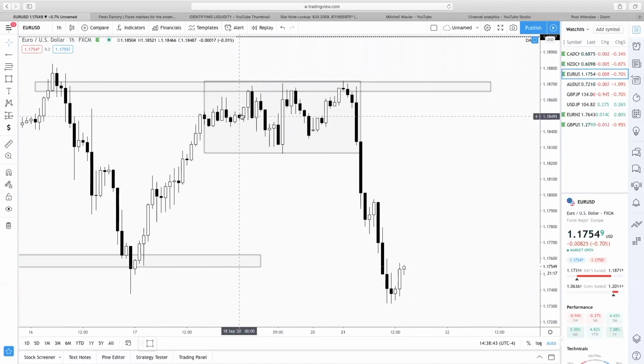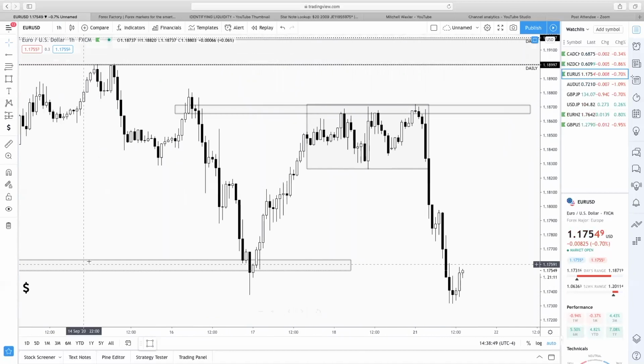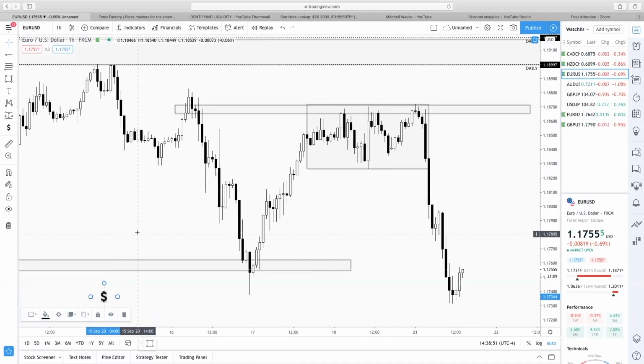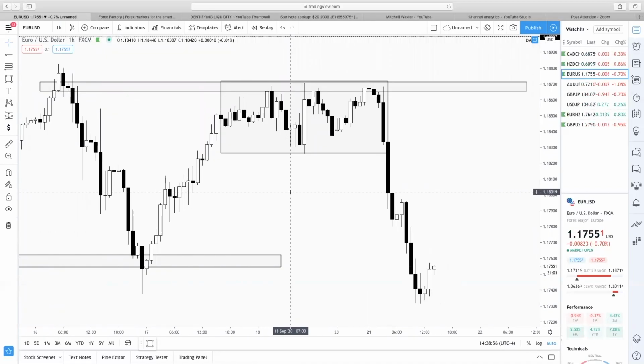So why did the market play in here multiple times before it really decided to tank to the downside and take the overall liquidity sitting down over here? Well, it's simply because the market needed to capture more liquidity. It needed to get more people on the opposite side of the market before they ultimately took it in the direction that they wanted to take it in.